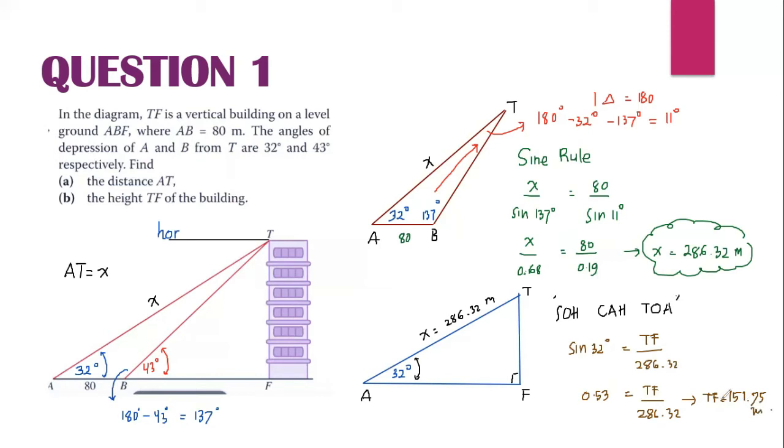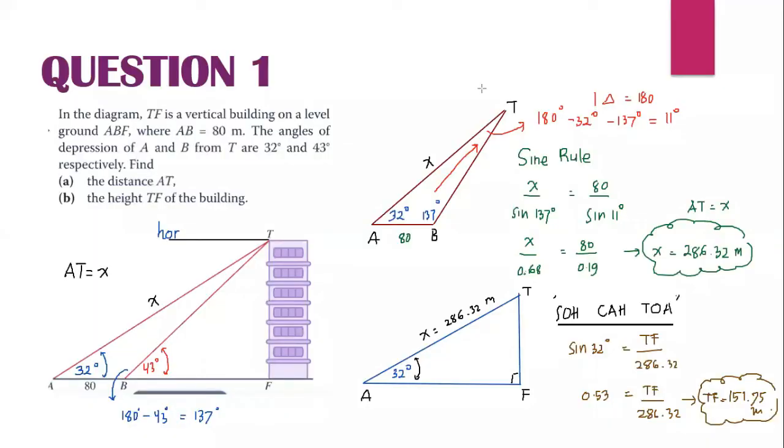Okay, we got TF here. This is x, the representative of AT, right? x is already found, and then TF is 151.75 meters. Very easy. Okay, this is question one.